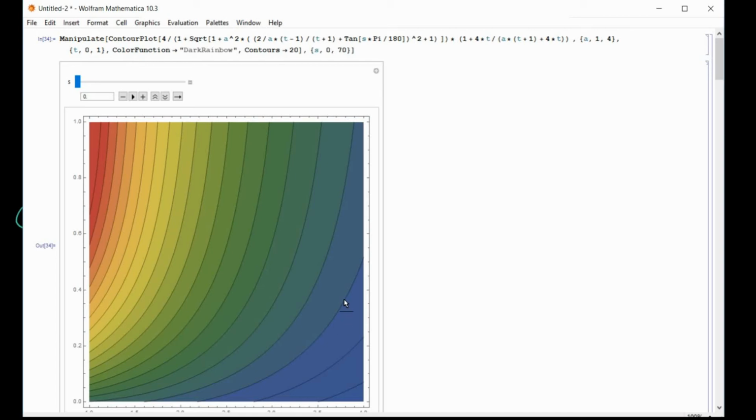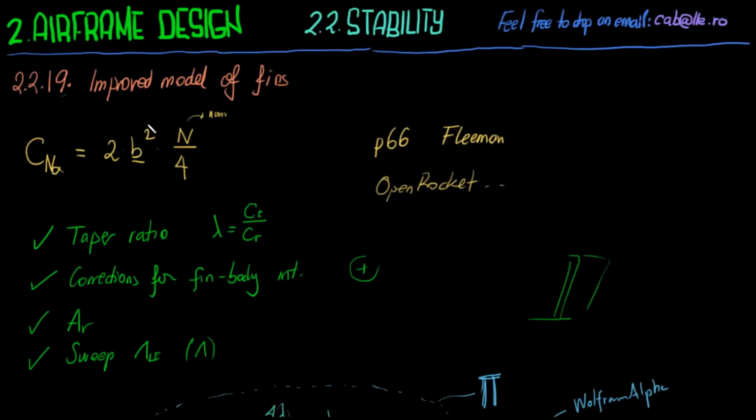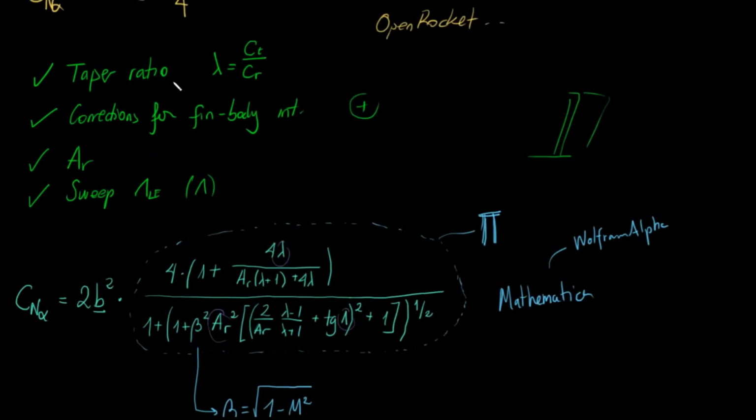I know that Fleeman says that this function normally over predicts, and the taper ratio, the aspect ratio, the sweep angle is gonna lower the CN alpha.